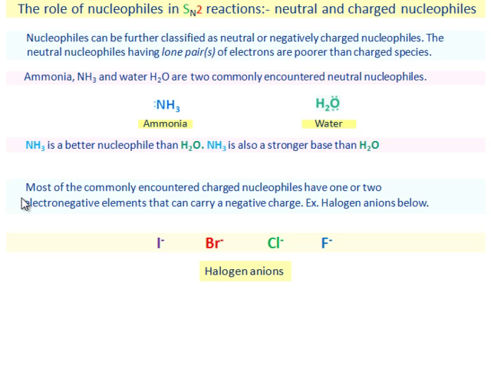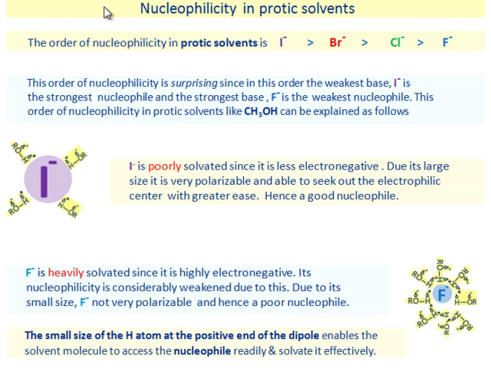Most of the commonly encountered charged nucleophiles have one or two electronegative elements that can carry a negative charge. Example, halogen anions below: I-, Br-, Cl-, and F-. Nucleophilicity in protic solvents.